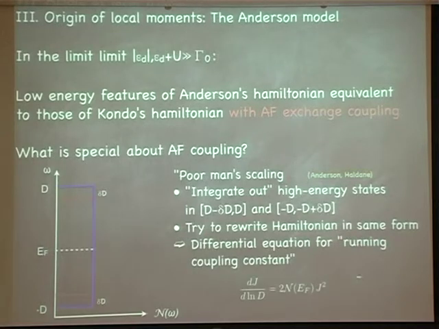And what you then get is some kind of differential equation, or better a flow equation, for the running coupling constant. That's also what people in high energy physics do all the time. And for the quantum model, it reads dJ over d log D is 2 times N of EF times J squared. So that's the differential equation.